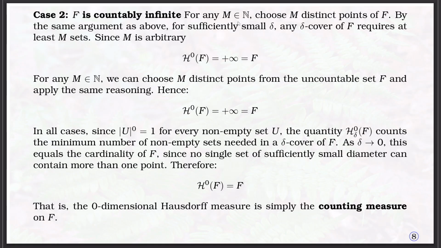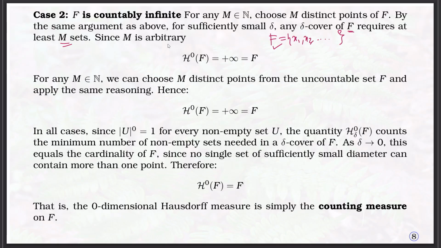For any m belonging to the natural numbers, choose m distinct points of F, because F is a countably infinite set. It has the form x1, x2 and so on. By the same argument as in the finite set, for sufficiently small delta, any delta cover of F requires at least m sets.